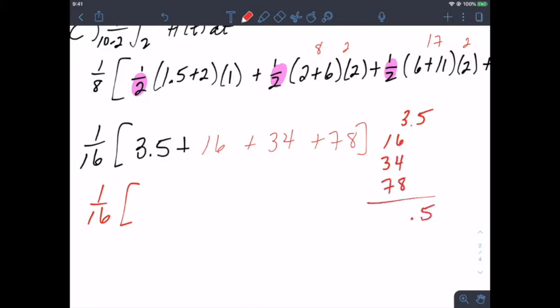The 0.5 would carry through, and then 3 and 6 is 9, 10, 11, 12, 13, and 8 would be 21. 2, 3, 4, 5, 6, 13, 131.5.